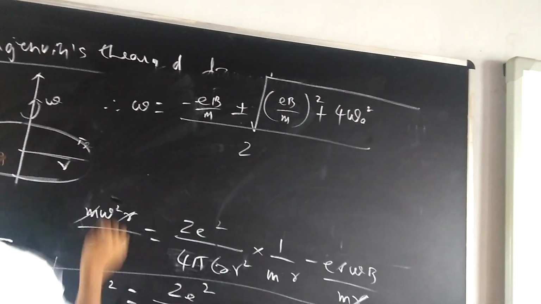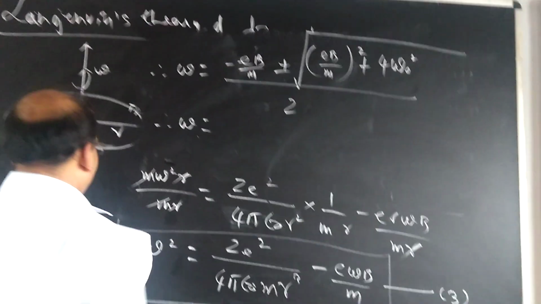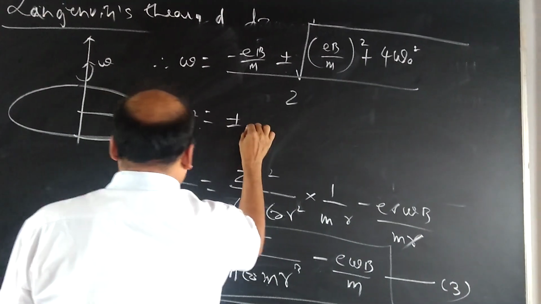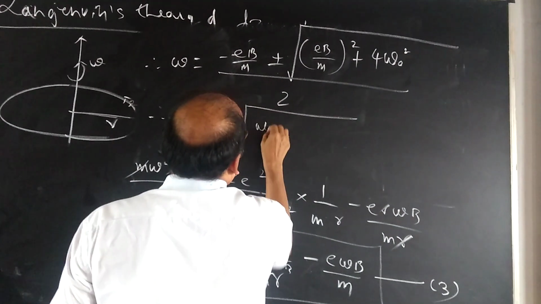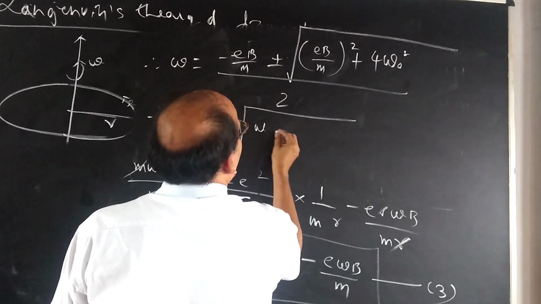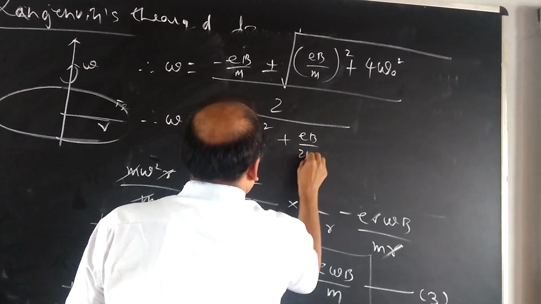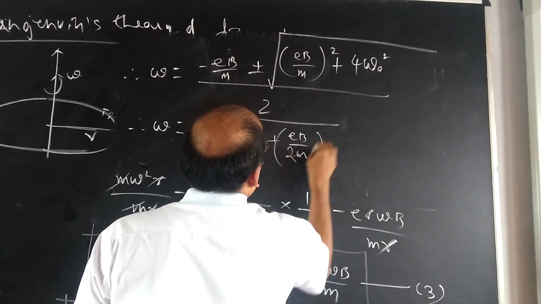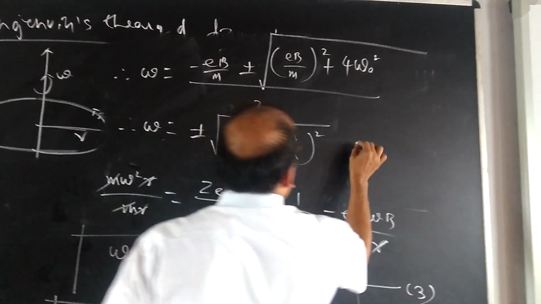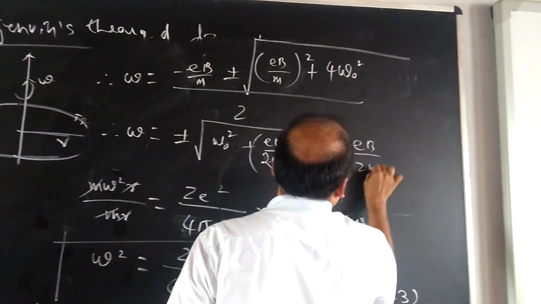So here we find that omega may be taken as either plus or minus the square root of omega naught square plus eB upon 2m whole square, minus eB upon 2m.